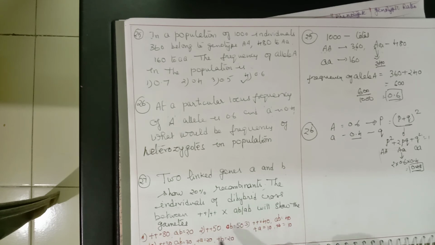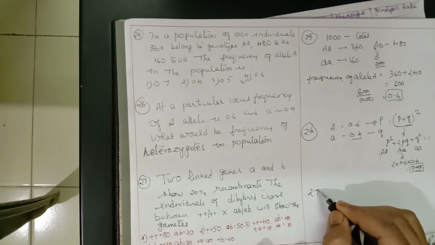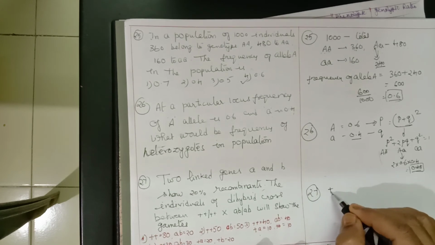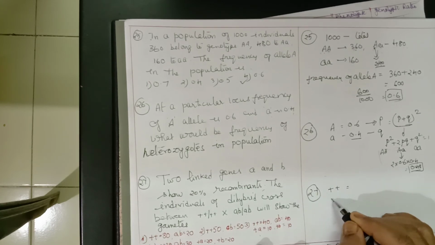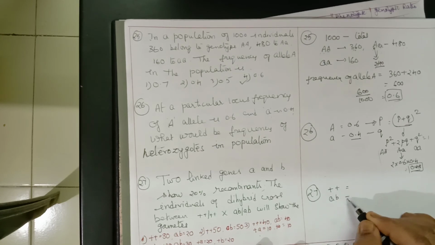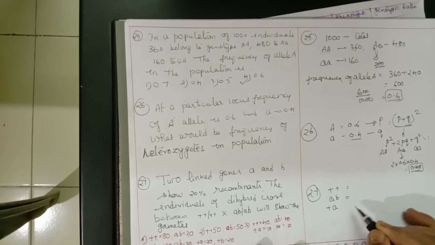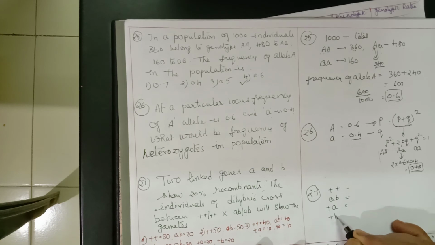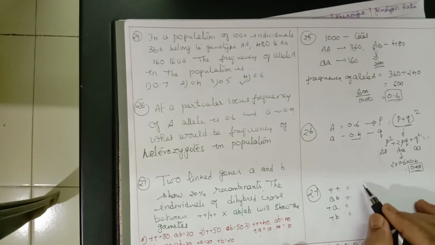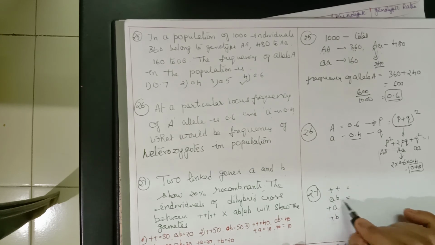I'll write it down here. This is what we get as parental, and these are the recombinants. Plus plus is one parental, AB is another parental, plus A is a recombinant, plus B is another recombinant.